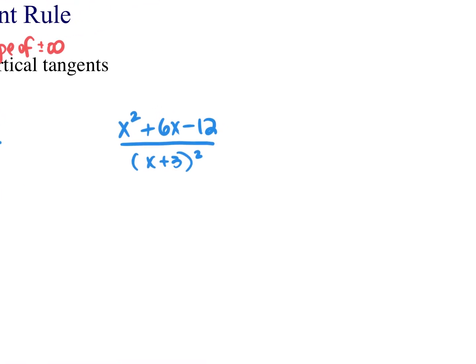If I want to find horizontal tangents, then I set this equal to 0. And I would always recommend, if you're setting a fraction equal to something, then make 0 a fraction also. And what would the denominator of 0 be? 1. The reason I like to do that is because as soon as I see a fraction on one side and a fraction on the other, my brain triggers, in a good way, oh, cross multiply.